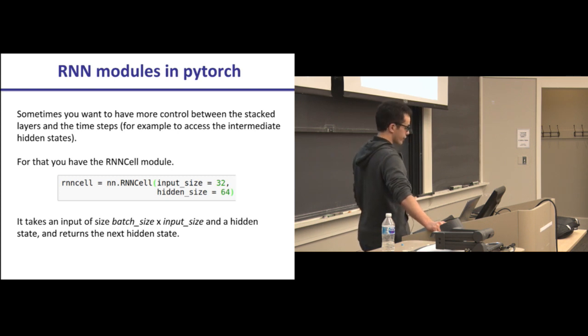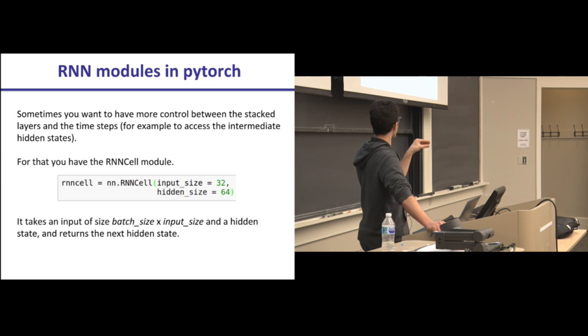Now, there is an alternative that you can use if you want to control what's happening inside of your recurrent neural network. Previously you fed the whole input sequence and got the whole output sequence. If you want to change stuff in the middle, for example add some dropout on the hidden states, or access the hidden state at the intermediate layers, you've got a smaller thing.